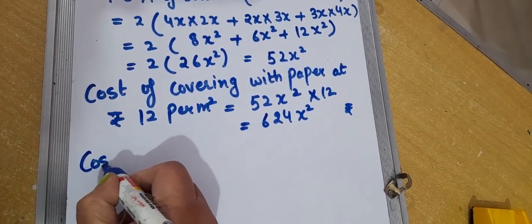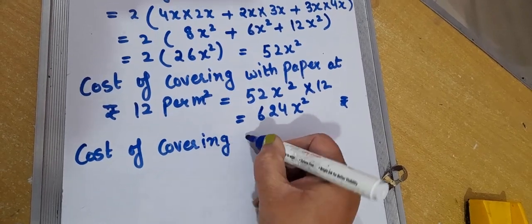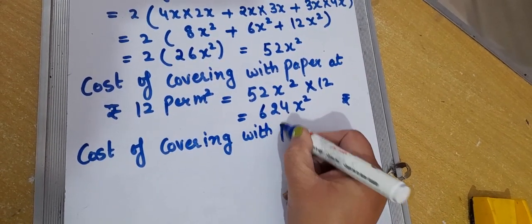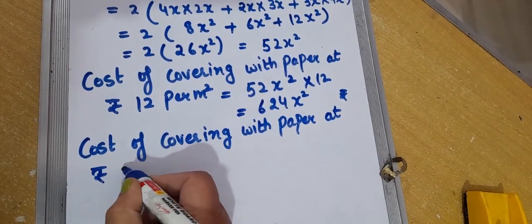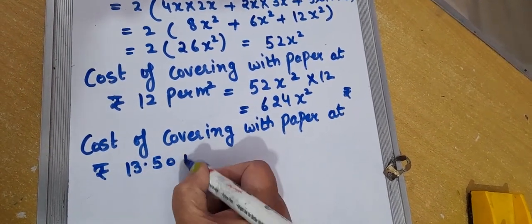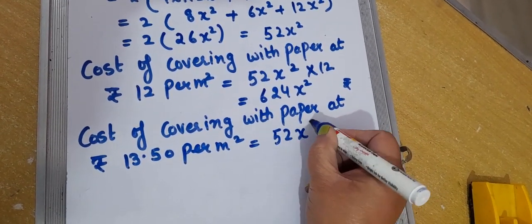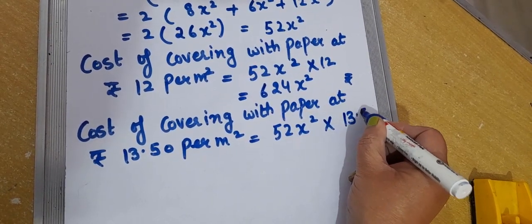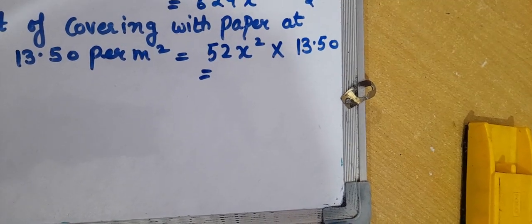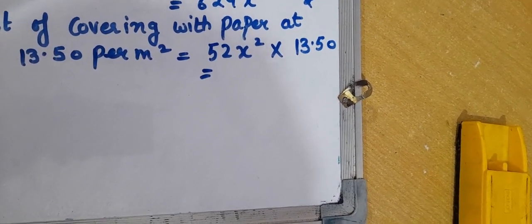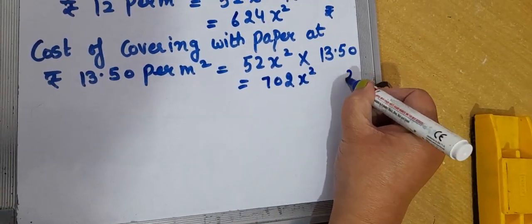Now find its total cost. Cost of covering with paper at rupees 13.50 per meter square will be 52x square into 13.50. So students, make calculation. 52 into 13.50, you get 702x square rupees.